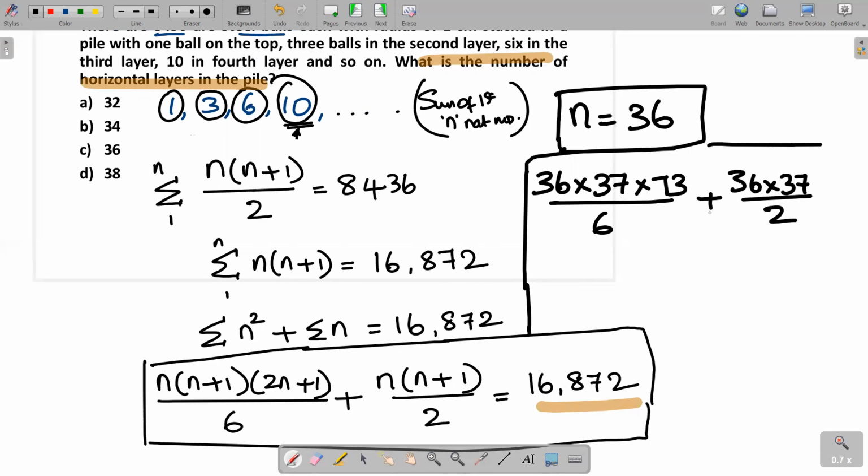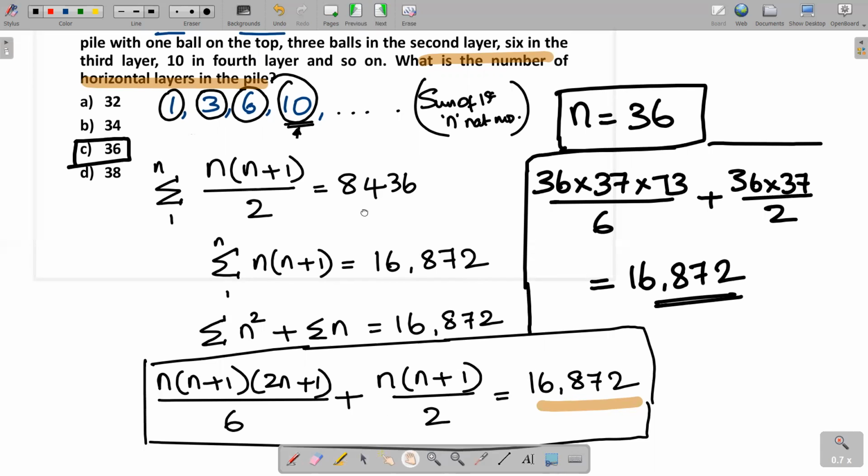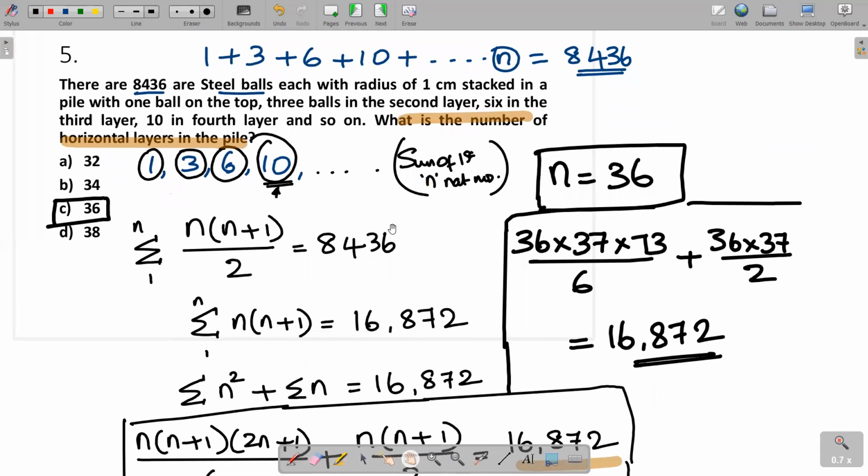You just need to put these values here, and when you do this total, you can see that it will come to 16,872. So by reverse substitution, it is very easy to locate the value for n, that is the number of rows involved, and that value is equal to 36. So for the fifth question, the number of horizontal layers in the pile will be 36. Option C is the answer for this question.